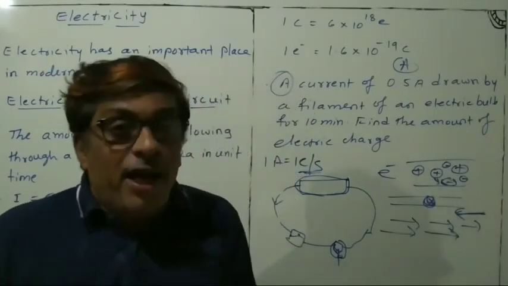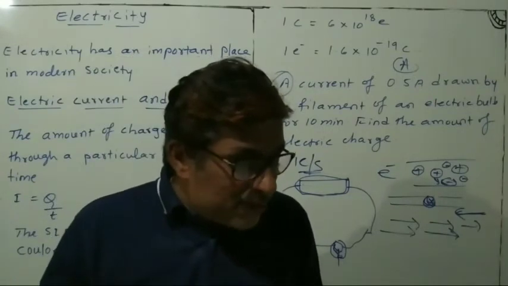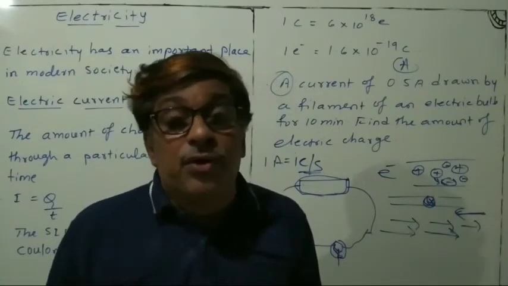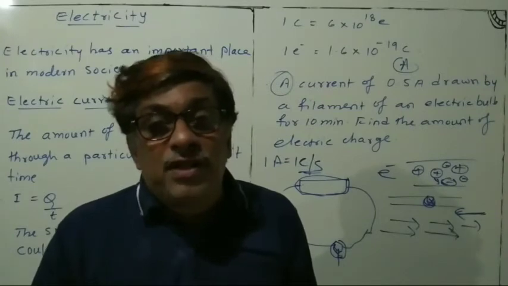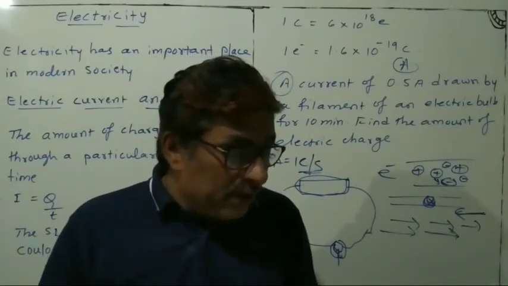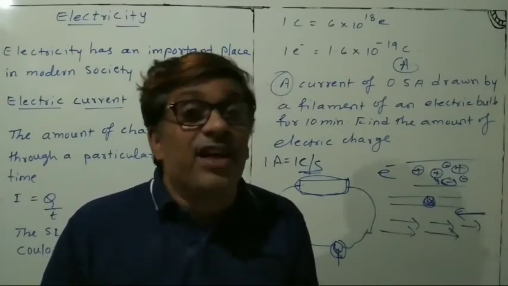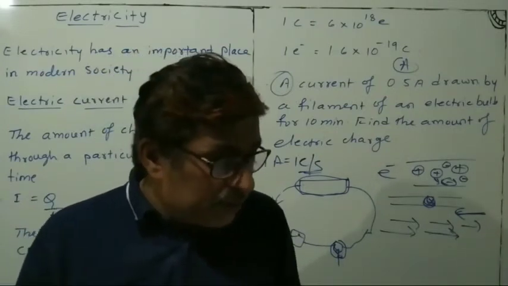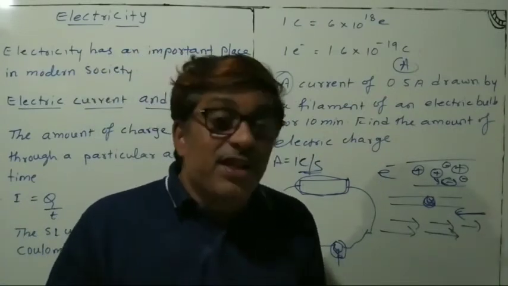An instrument called an ammeter measures electric current in a circuit. It is always connected in series in the circuit.